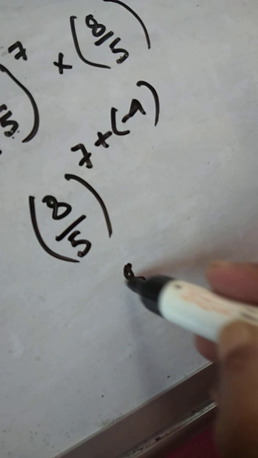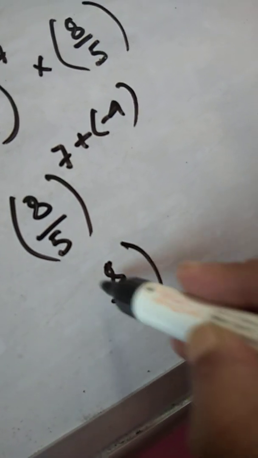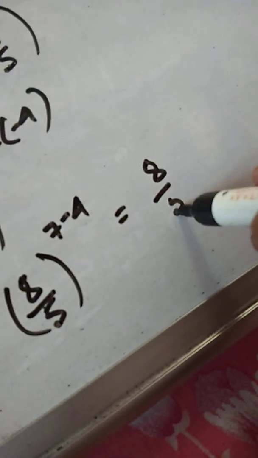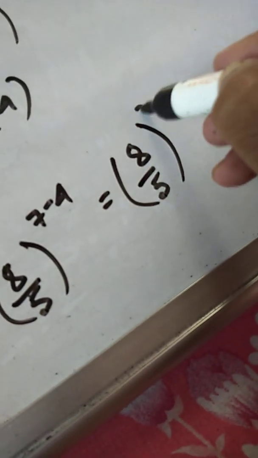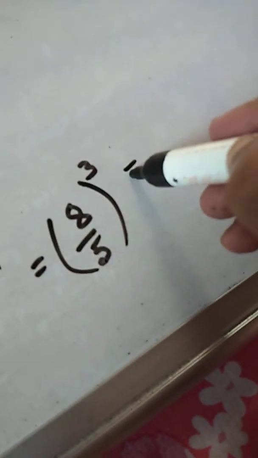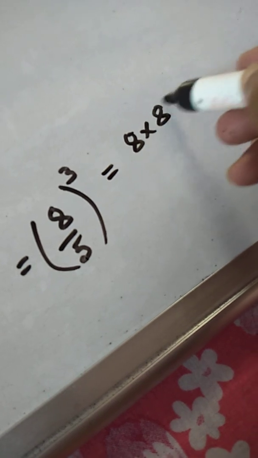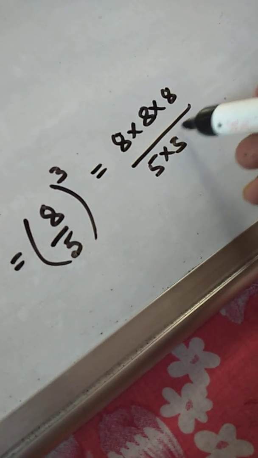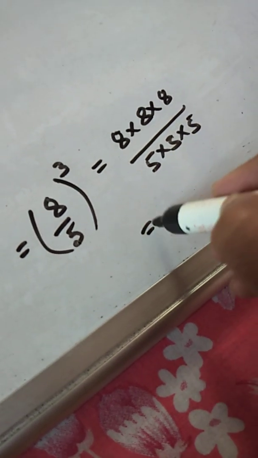Now 8 by 5 to the power 7 minus 4 will become 8 by 5 to the power 3. Okay, and if you open the bracket, then 8 into 8 into 8 over 5 into 5 into 5.